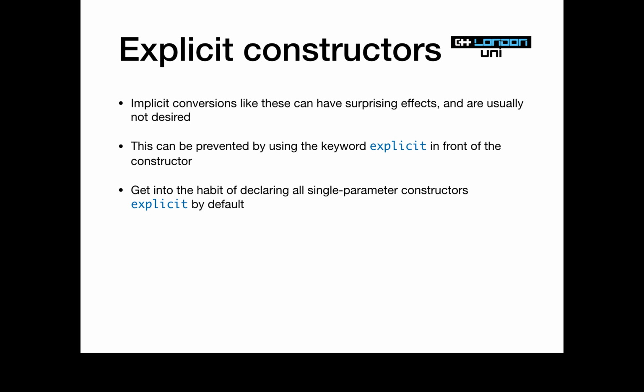So it's really good to get into the habit of whenever you have a single argument constructor, to put this word explicit in front of it. Make things explicit by default, and then in certain limited circumstances, you can get rid of that word if you actually want the implicit conversion.